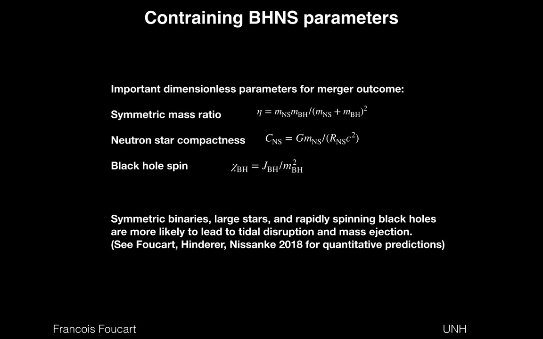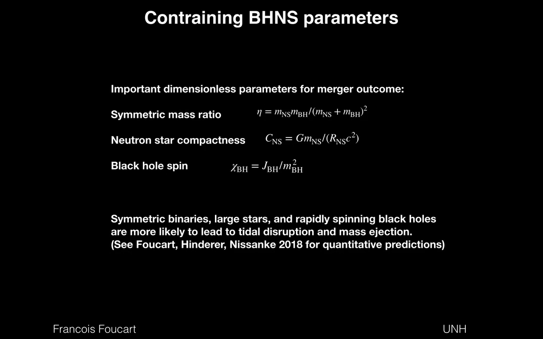The mass ratio is a little bit more complex, but basically the more asymmetric the system is, so the more massive your black hole is, the harder it will be to disrupt the neutron star. If you are familiar with tidal disruption events, for example, you might know that the same principle applies: a main sequence star might be disrupted by a relatively low mass supermassive black hole, while the more massive supermassive black holes are not going to disrupt a star.